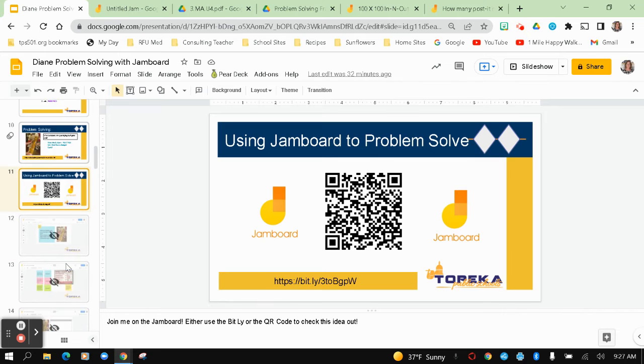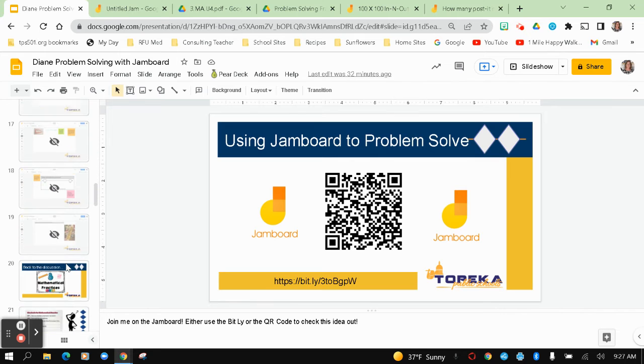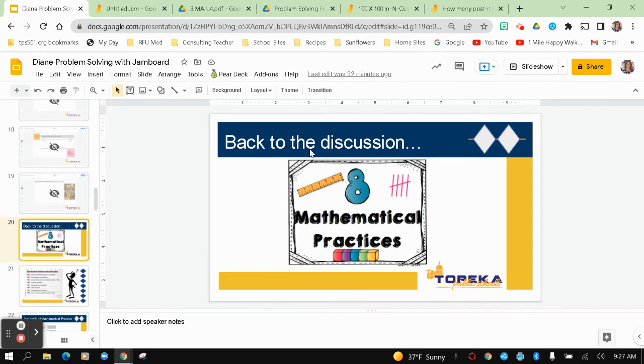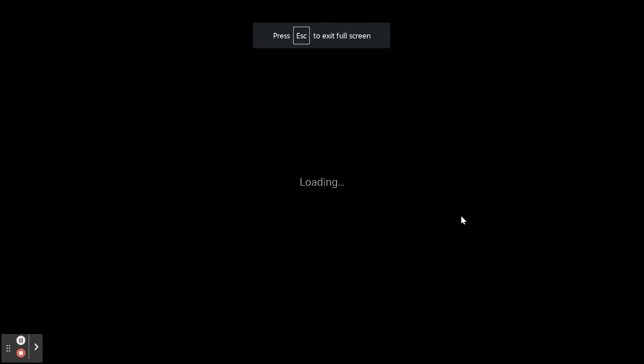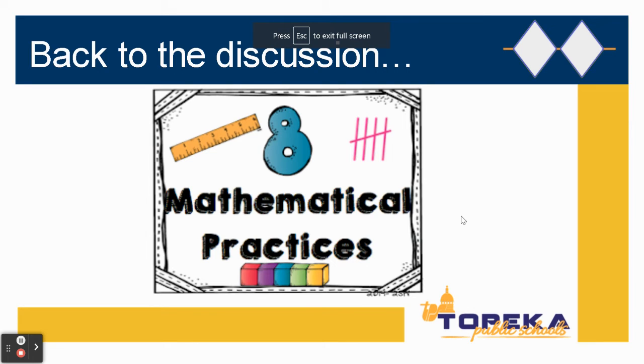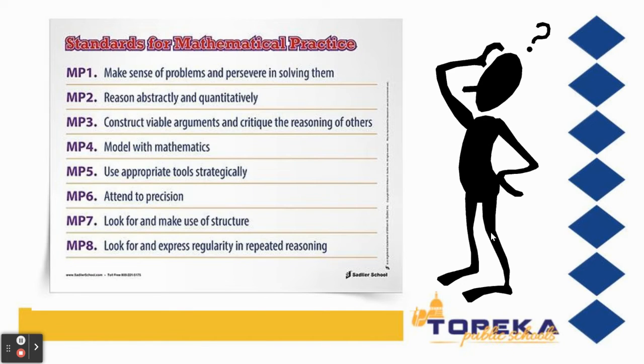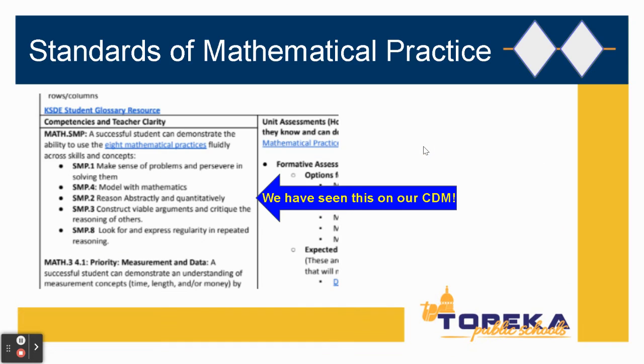Okay, I'm going to flip on down here to our next slide. And let's go back to the part that I was talking about in the very beginning, about those 8 standards of mathematical practice. Well, here are the 8. I don't know about you, but I didn't spend a whole lot of time really stopping and looking at this part on the curriculum design map when I was a classroom teacher.